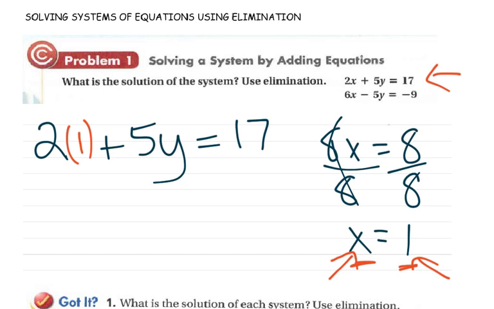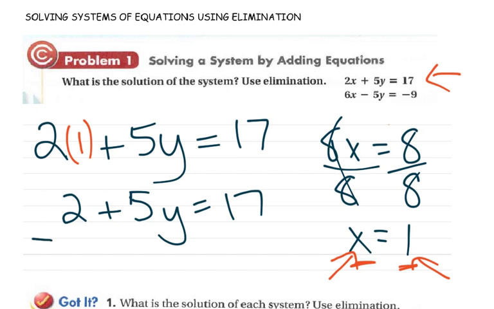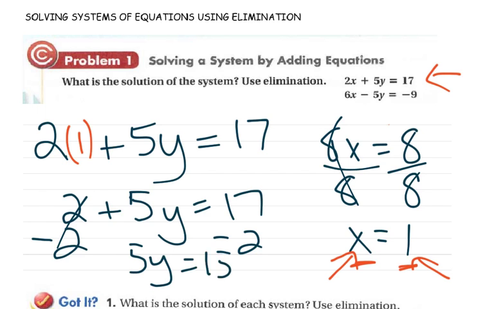So we have to plug 1 in for x so that y is all by itself. So we have 2 plus 5y equals 17. And this is just a two-step equation. We're going to subtract 2. And then we get that 5y equals 15.